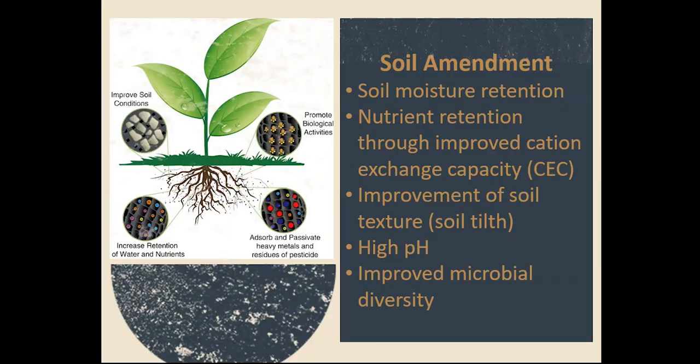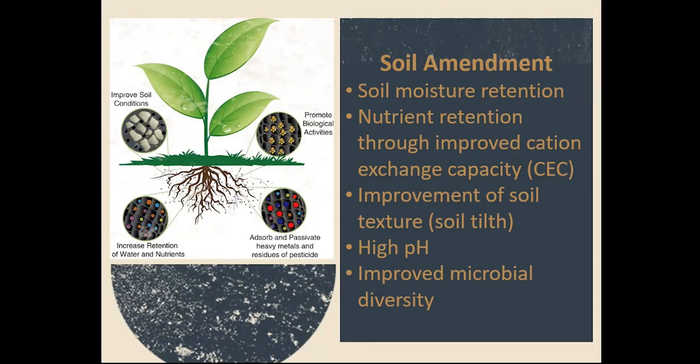This material also has a high pH. In many parts of the world, there are acidic soils, so it's low pH. When we mix biochar in with our soils, we can improve the acidity of the soil and neutralize the soil pH to some degree, which is beneficial for many plants and nutrient uptake in the acidic soils of the world.